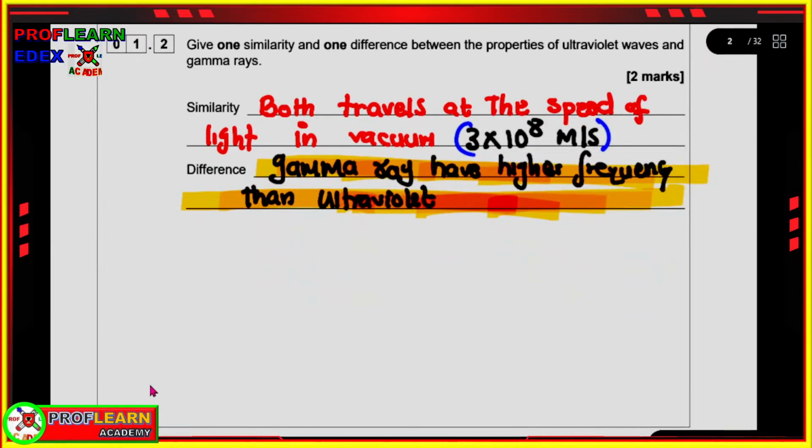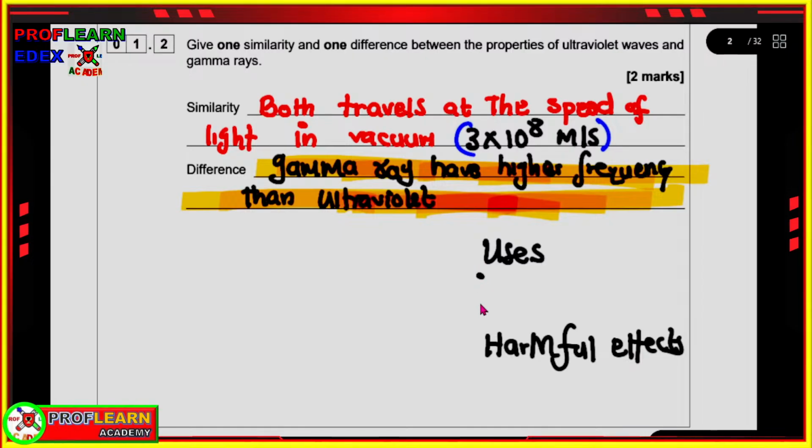So you need also to remember the uses of each of the waves, and also you need to remember the harmful effects of each of the waves. For instance, uses, we can talk of X-rays. They are used in medical fields to take radiographs, and also used in industries in order to check the fractures of metals, right?